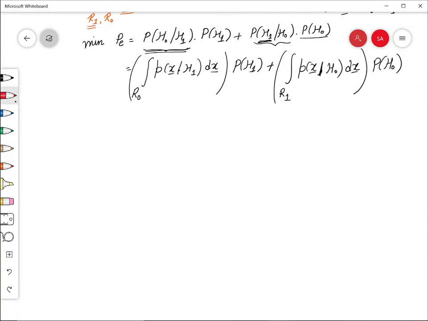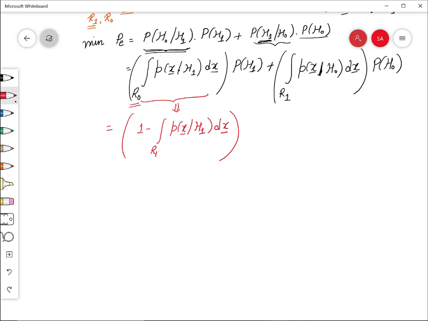Let me further simplify this. Let me write this particular expression as 1 minus the integral over R1 of probability of X given H1 hypothesis dx. Okay, so you can write this in this form.